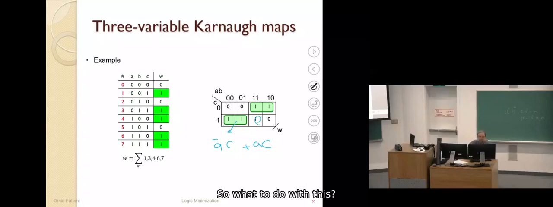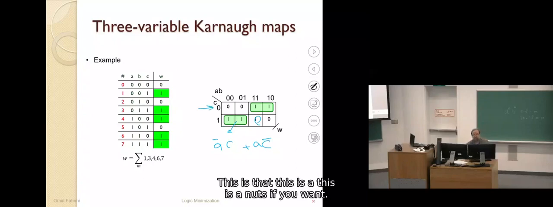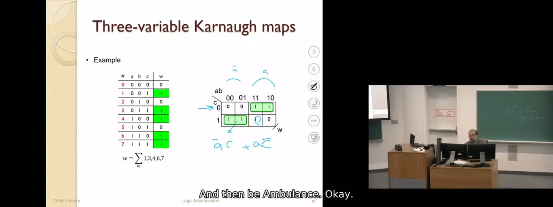So what to do with this? Our essential implicants didn't cover it. You're right. If it was AC, it could be combined with the previous one. Yeah, AC naught. That's right. This is C naught. This is C naught. And this is A. This is A naught, if you want, and then B and B.